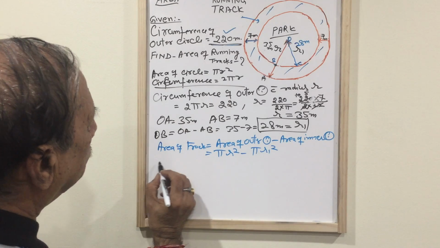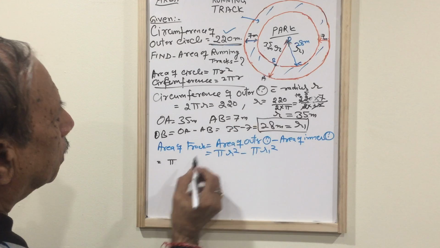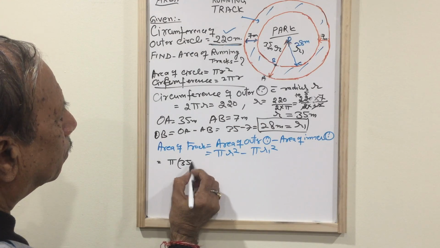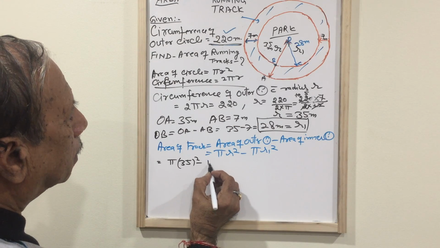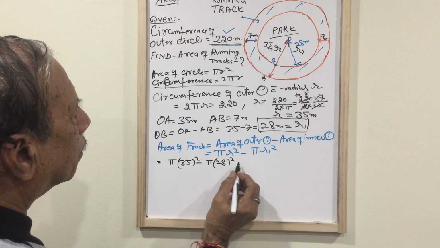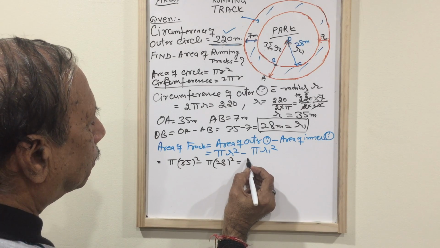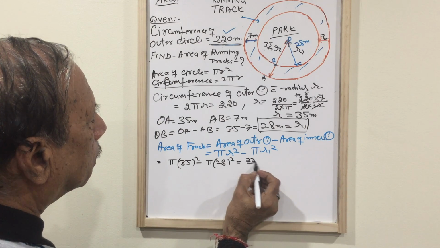So we'll substitute the values here now. This is pi, r is 35, minus pi, r1 is 28. We'll take pi common and substitute the values.